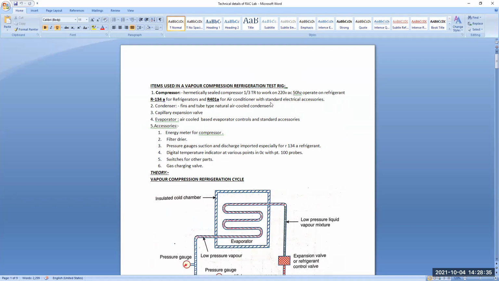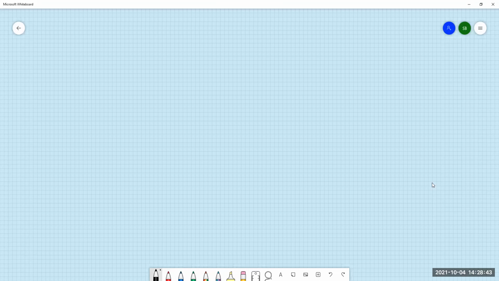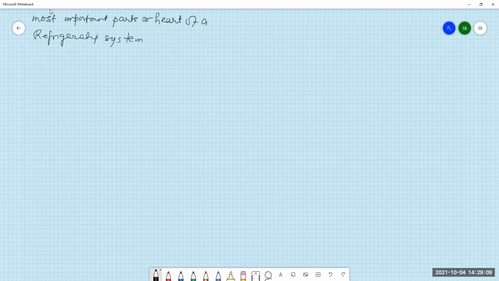Now, let us write it down a bit. The first most important part of a refrigeration system is the compressor.